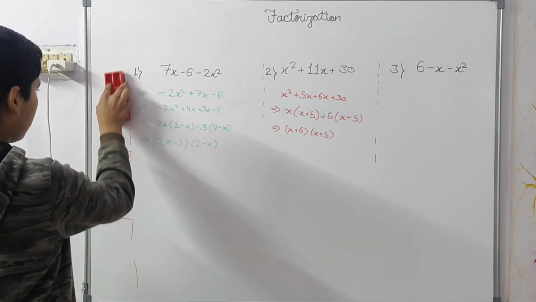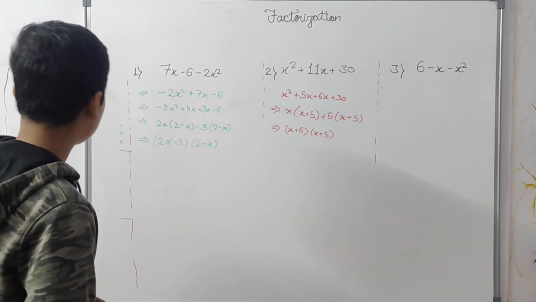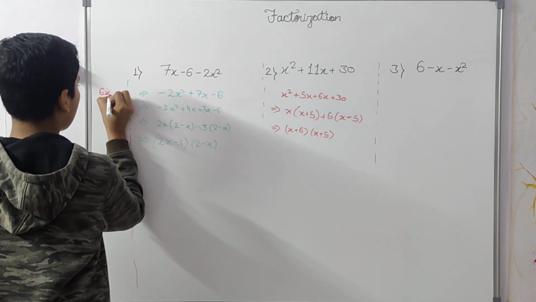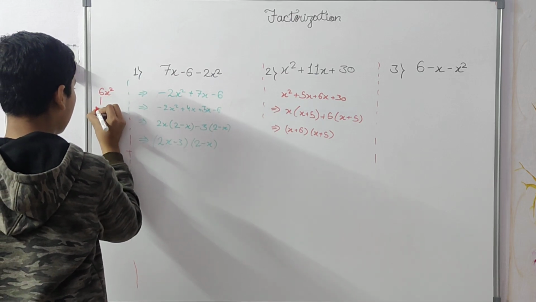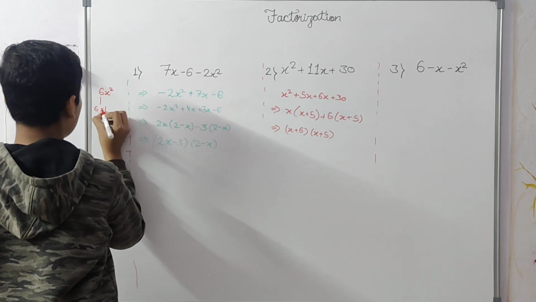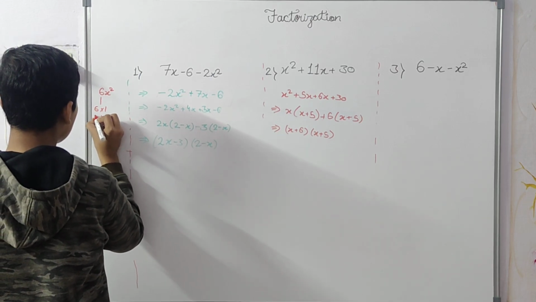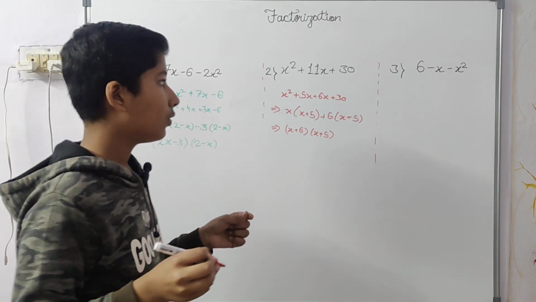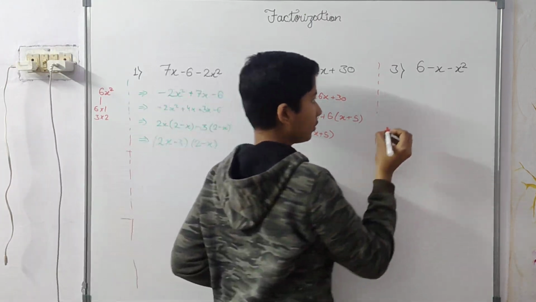There is no space. Okay. What will we do again? 6x square. I've written the factors. 6 into 1, 3 into 2. Already you know we will take 3 into 2.